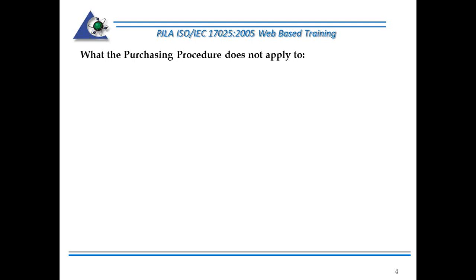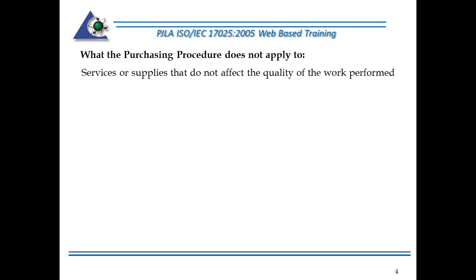Now we want to talk briefly about what it doesn't apply to. Obviously, if it applies only to services and supplies that affect the quality of the work, by definition it wouldn't apply to services or supplies that don't affect the quality of the work. There are a number of purchased items and services that organizations would acquire through their purchasing function that have no relation to the quality of work performed.